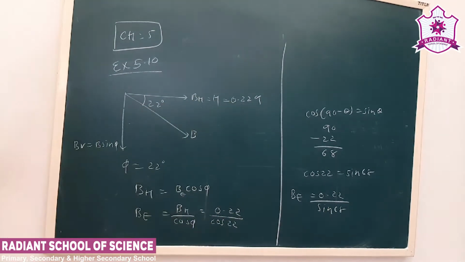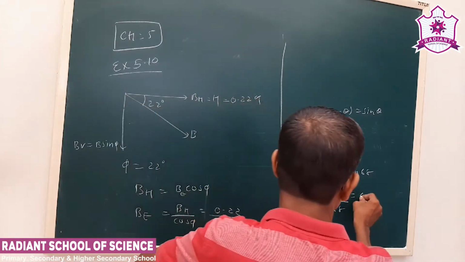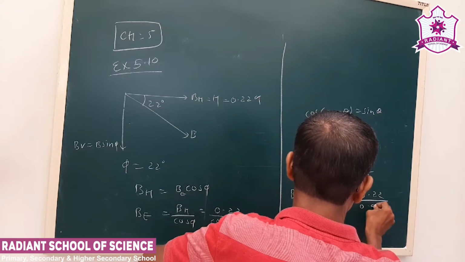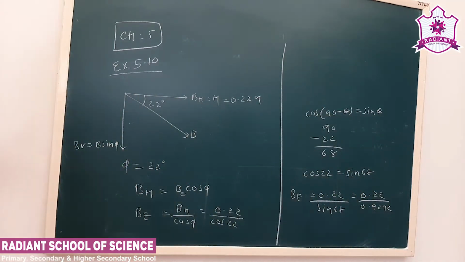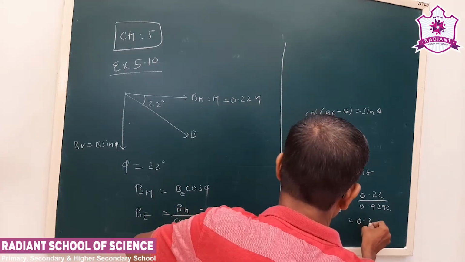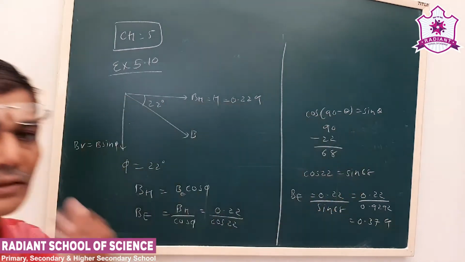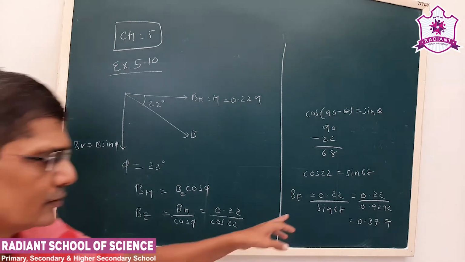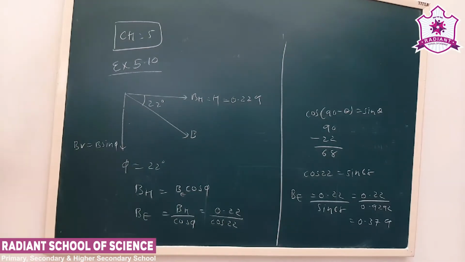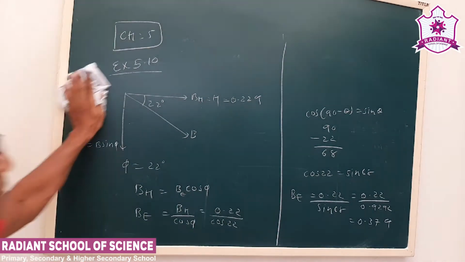Now see, sin 68 from the table is 0.9292. Then we get the value 0.37, which is nothing but the value of the magnetic field. Now see, next is exercise sum number 5.11.